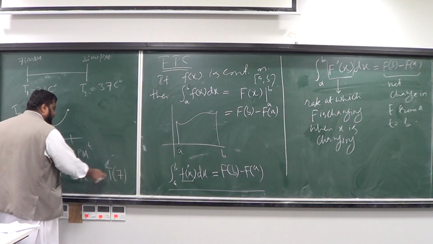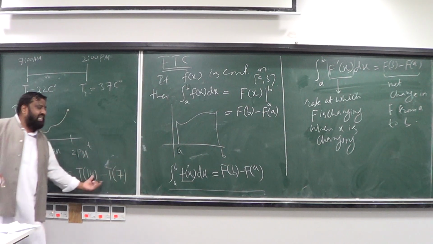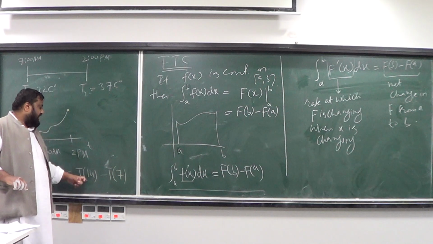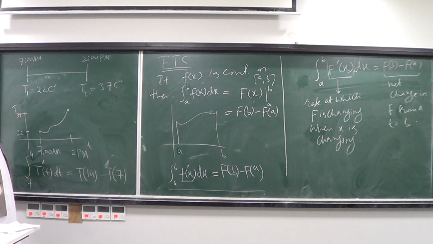So final temperature minus initial temperature. So if you sum up all changes in temperature between these two instants, it is going to give you the net change in temperature, from 7 o'clock to 14 o'clock actually.